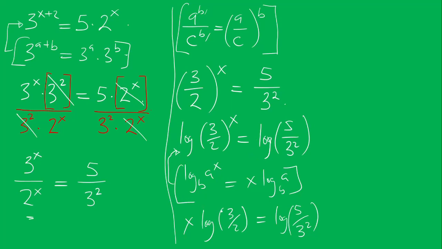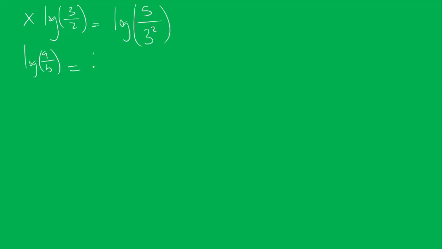Moving to the next page, you have x times log 3 over 2 equal to log 5 all over 3 to the power 2. Now, according to the law of logarithms, log a over b is the same thing as log a minus log b.